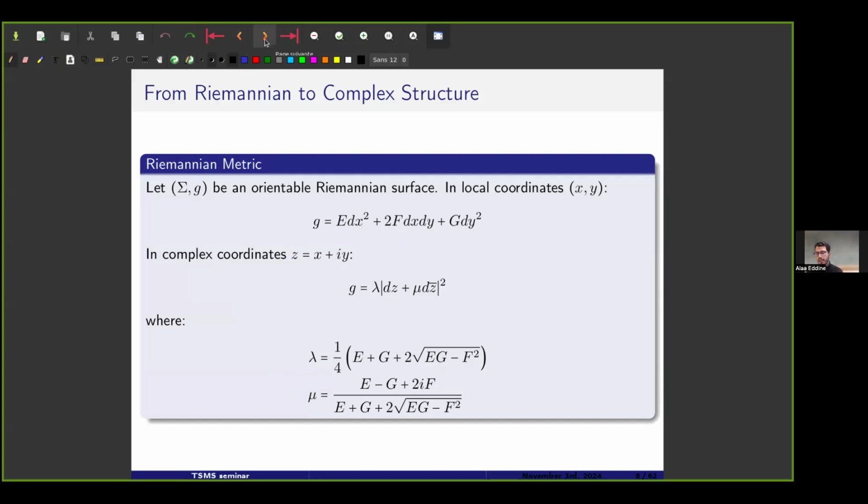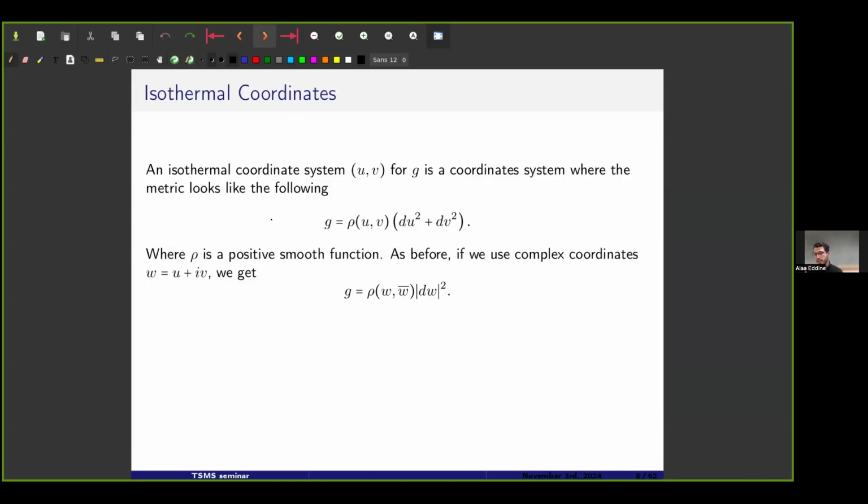And now, if we have a Riemannian metric and we can find a coordinate system or local chart where the metric is the Euclidean metric times some positive function, we call this coordinate chart or this coordinate system isothermal.